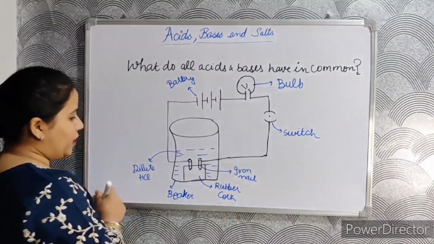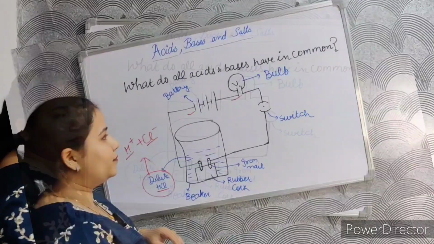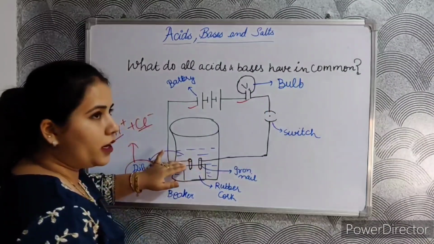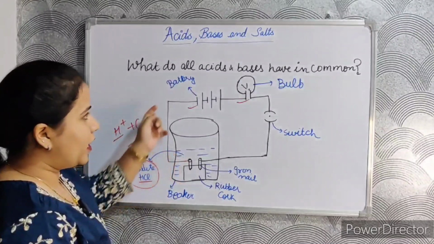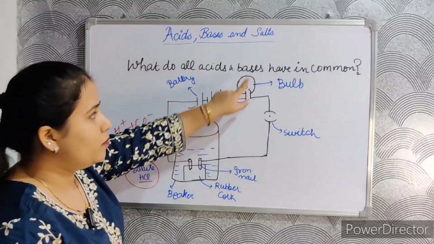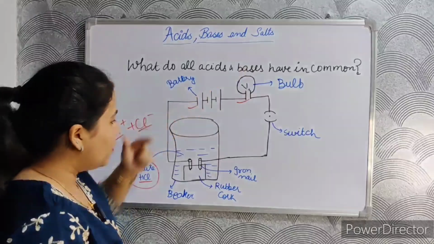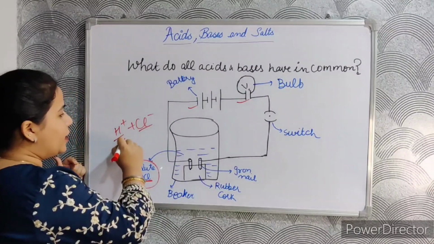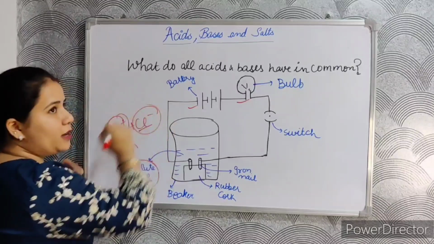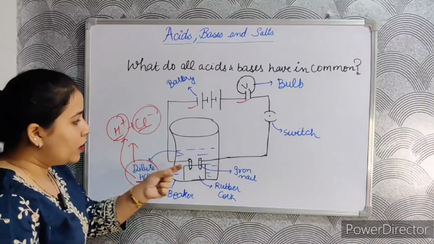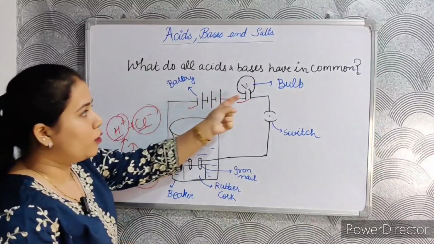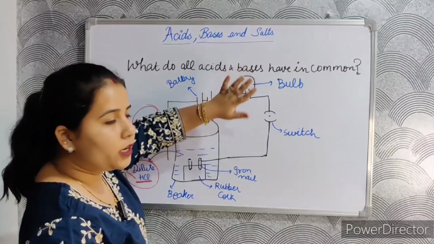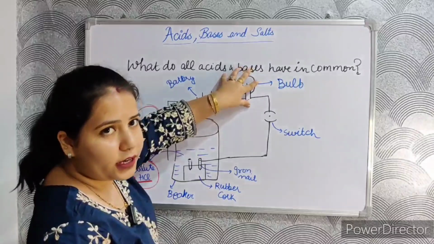In the beaker I have taken dilute HCl. अब जैसे ही मैंने स्विच ऑन किया, यहाँ से करंट पास होगा इस सॉल्यूशन में से एंड बल्ब के पास जैसे जाएगा बल्ब ग्लो करने लगेगा, और यहाँ से ये पता चला है कि जो HCl है वो आयनाइज होकर H प्लस और Cl माइनस में टूट चुका है और it helps in the glow of the bulb. यहाँ से जो आयंस थे वो बल्ब के पास गए और it helps in the conduction of electricity.